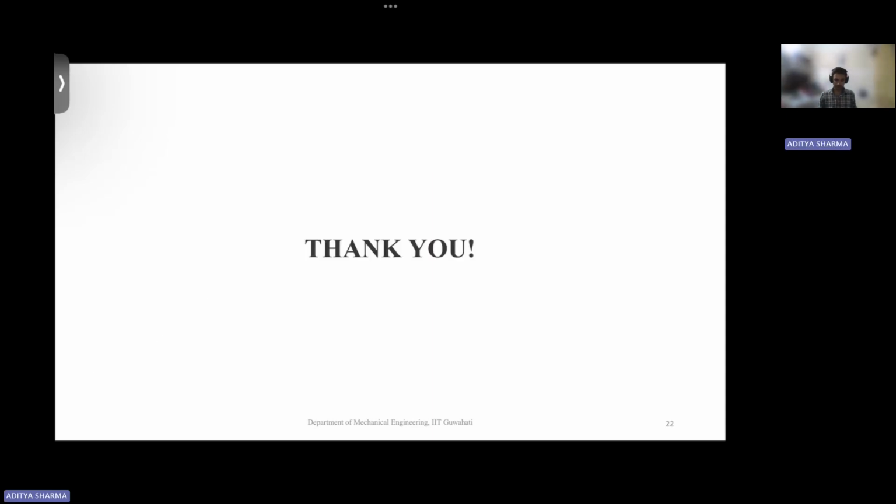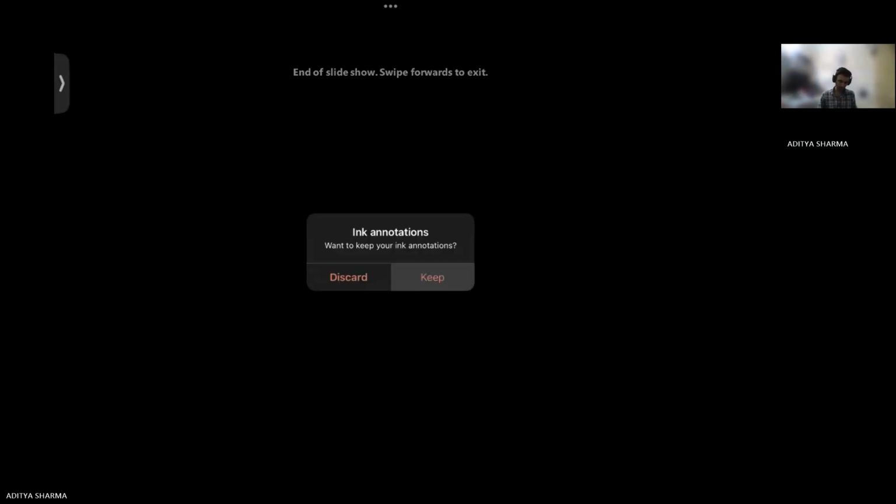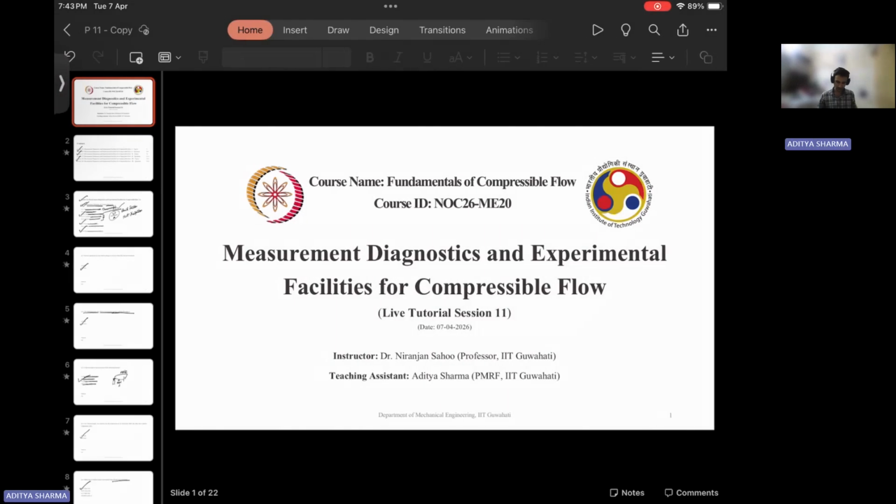So this was the end of this session, so I'll conclude this session. There were three lectures here. So this was how we take measurements in our compressible flows. We started with lecture number 26, where pressure and temperature, these two properties, were discussed.